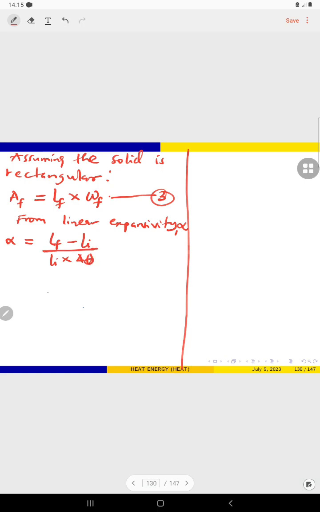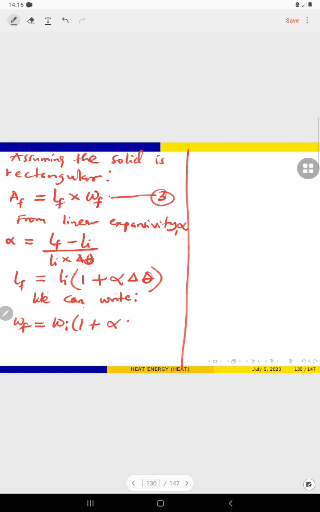Okay, so from this we saw that LF was LI times 1 plus alpha delta theta. The width still has to do with linear, so we can write this in terms of width as WF will be WI times 1 plus alpha change in temperature. Is that not it? So let me call this equation 4 and let me call this equation 5.